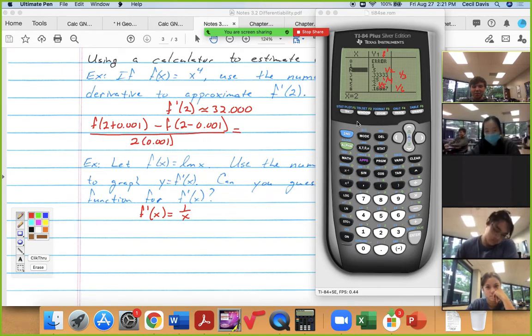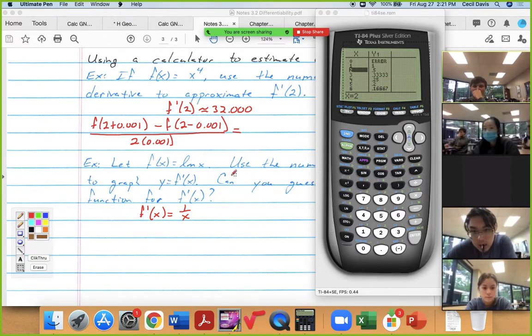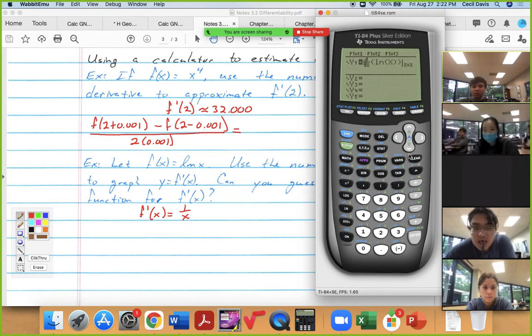How can we verify that? Well, graphically, let me get rid of this stuff on my screen. If I go back to y equals, and I put 1/x here, and if it traces right over it, I'm not going to be able to see it very well.